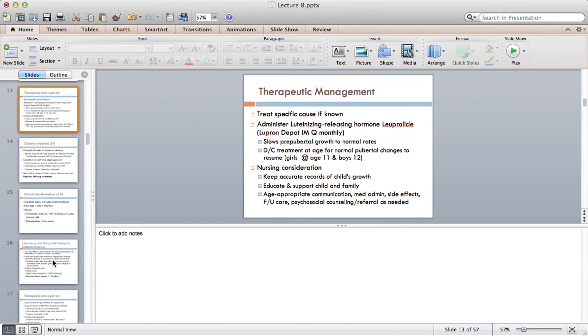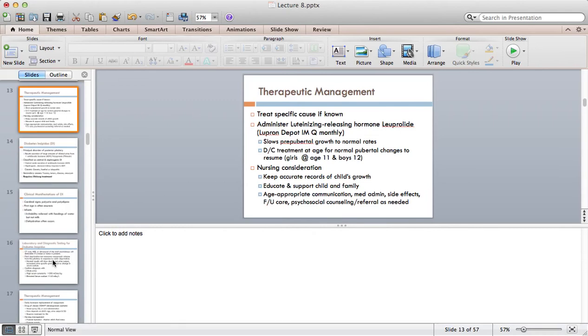So you give the hormone to slow the progression. And then once the child reaches the age for normal puberty to kick in, then you withdraw the hormone and allow nature to take its course.